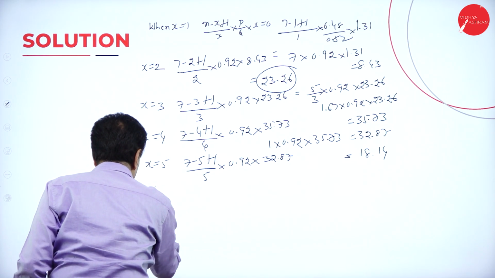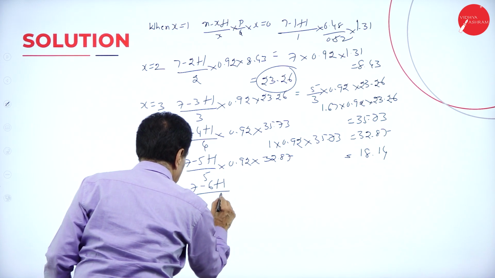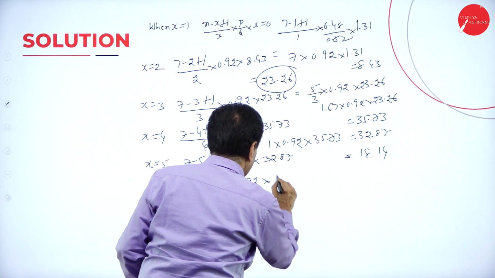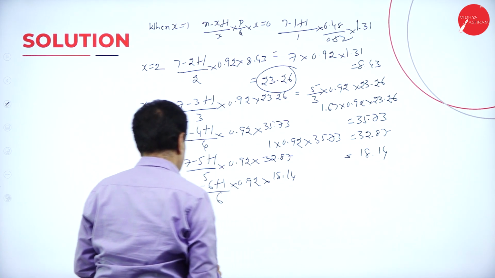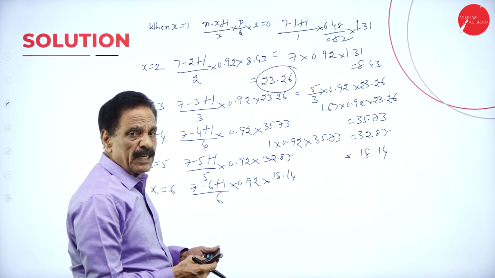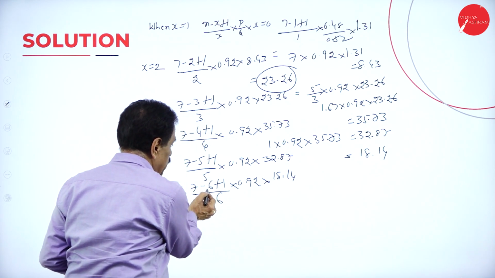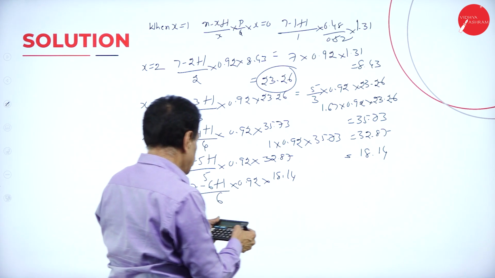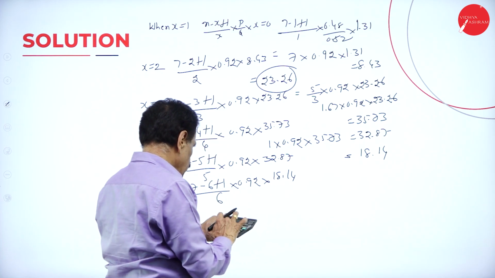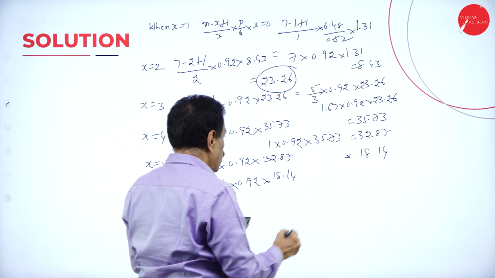When x is equal to 6, 7 minus 6 plus 1, divided by 6, into 0.92 into 18.14. That is 2 divided by 6, which is 0.33, into 0.92 into 18.14, giving 5.56.